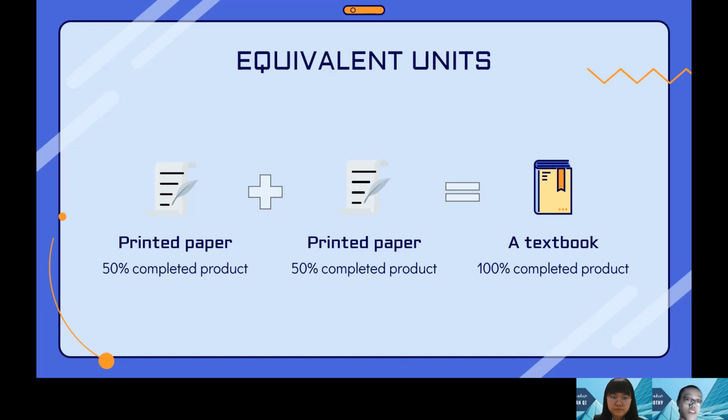For example, 50% completed product plus 50% completed product equals 100% completed products. For a mass-produced unit, let's say that 300 units of 40% completed products is equal to 120 completed units.